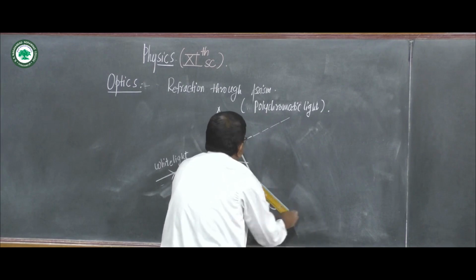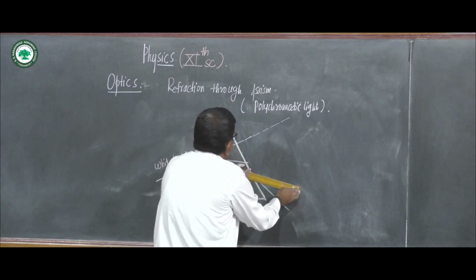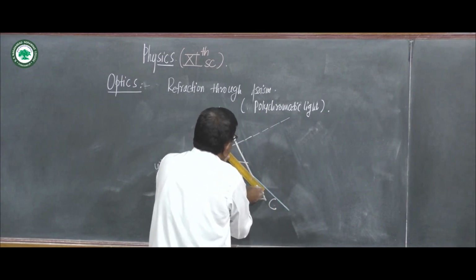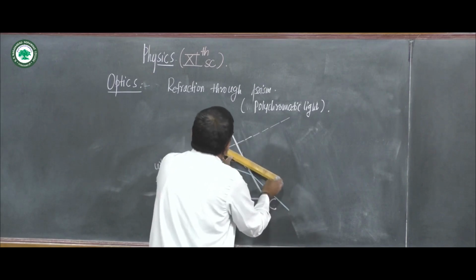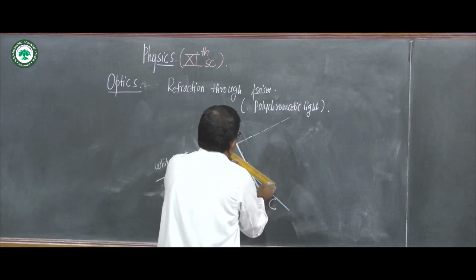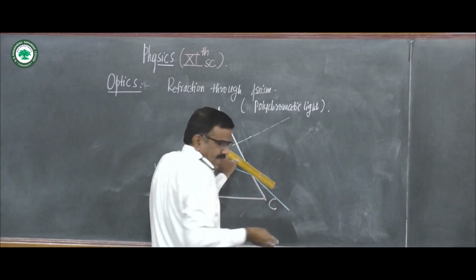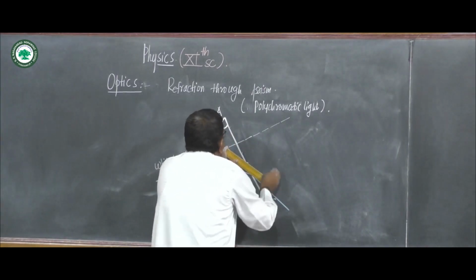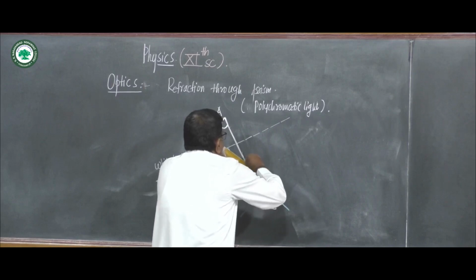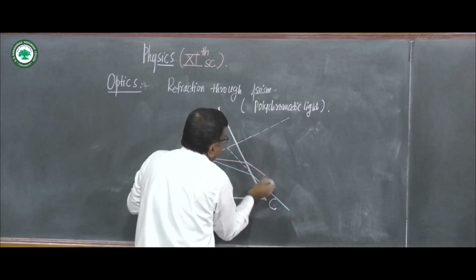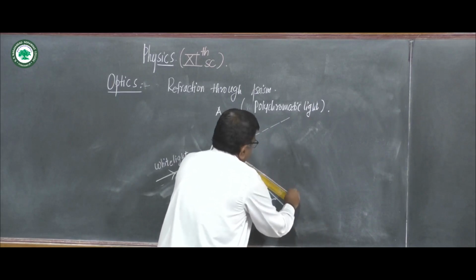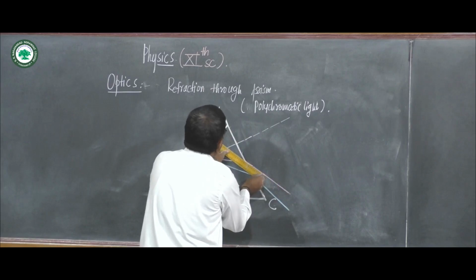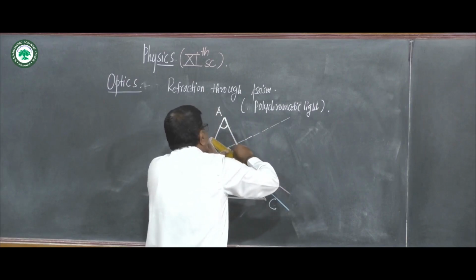Deviation for the violet color is maximum. Deviation for the red color is minimum. We produce these rays again backward like this, and suppose here this is refraction for the red. And if we produce here, we get the angle of deviations.